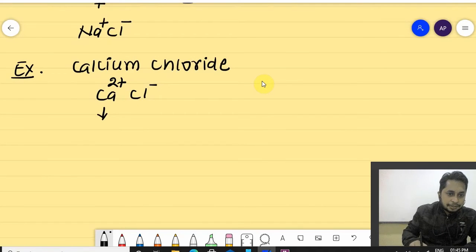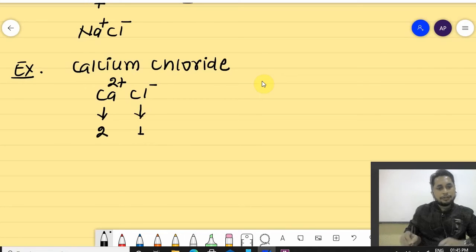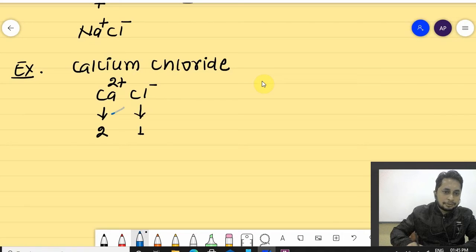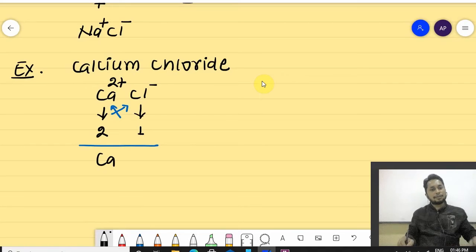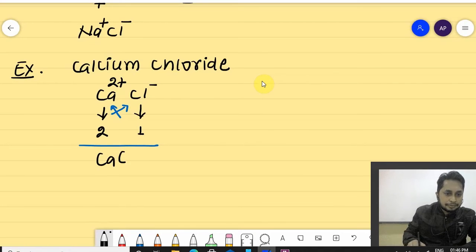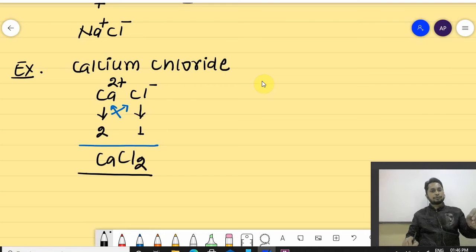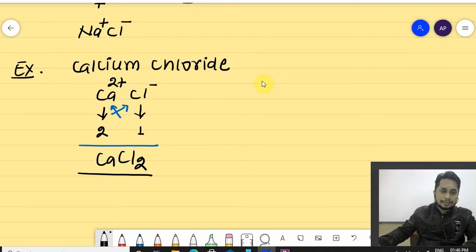Calcium has 2 plus charge and chloride has 1 minus charge. We need to balance the charge, so we will cross multiply the charges. That means 2 multiplies in chlorine and 1 multiplies in calcium. Calcium multiplied by 1 remains 1, and chloride becomes 2. So the formula will be CaCl2. But for sodium chloride it is NaCl.